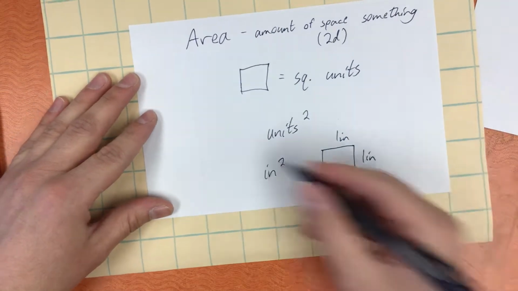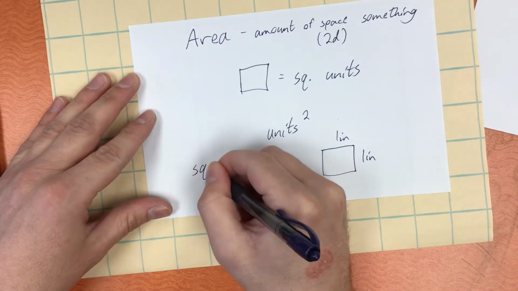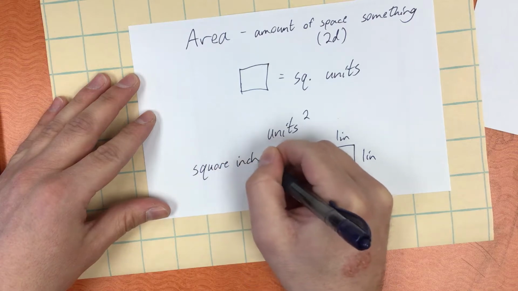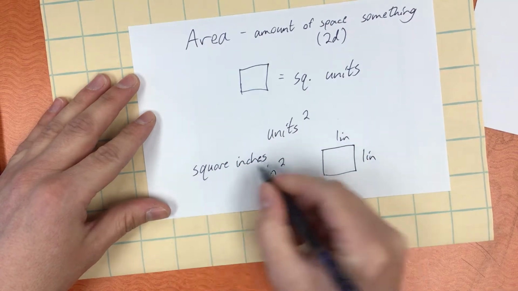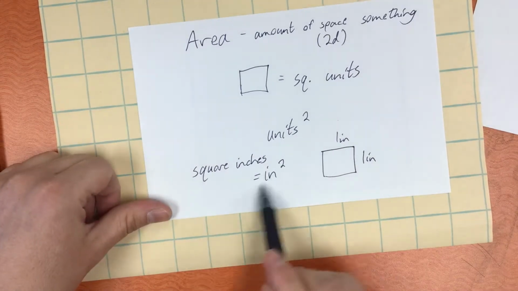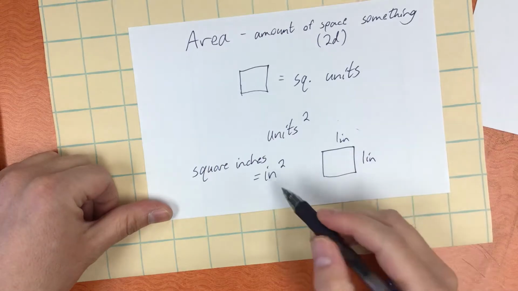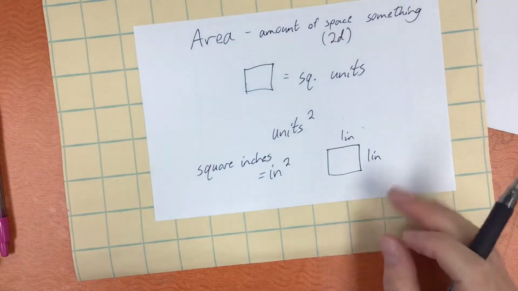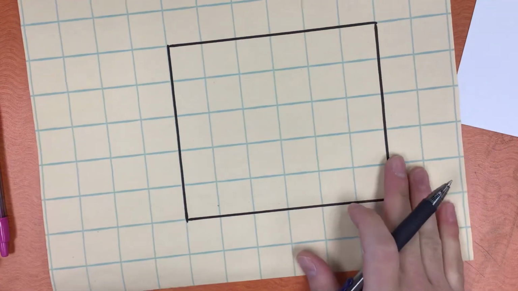Or I could write square inches. These are the same thing. That's kind of off-centered, but you get it. Square inches or inches squared. That equals that. If it was square feet, it would be a much bigger square. All right? So I have some example things here.